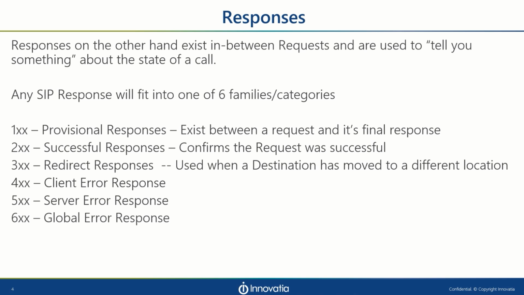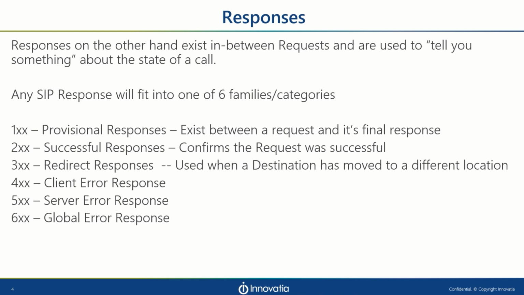So you make a call out to a particular number or extension within your PBX. These redirect responses can be used to say, hey, this user who used to be at this particular IP address has moved to a different IP address, and you can reach them there. So the redirect responses are specifically used whenever a user has changed IP address or moved to potentially a different office.